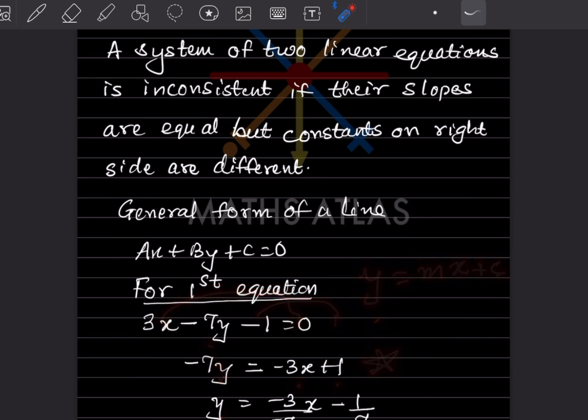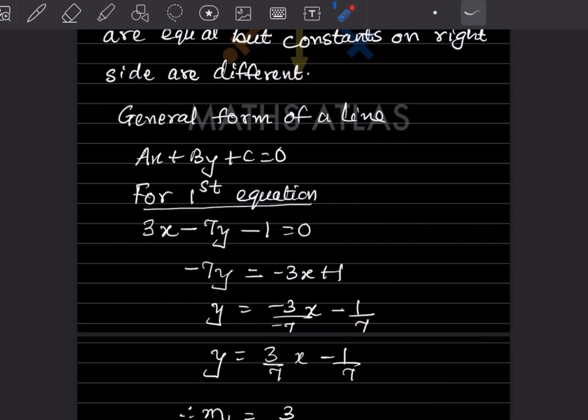So y will be minus 3, if you take this on this side, this is multiplication, so it will get divided. So minus 7, and this will be plus 1, and this will go on the other side, that is going to be minus 7, so that is going to be minus 1 by 7. Again this step. So now minus divided by minus is going to be plus, so this becomes positive, and this will stay as it is. So we can say this is the slope, that is 3 by 7.